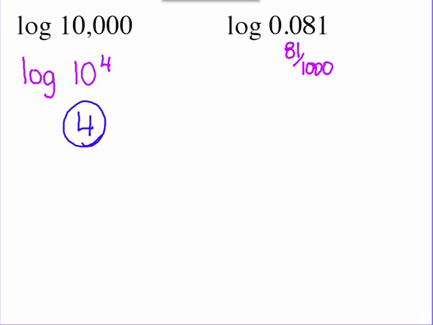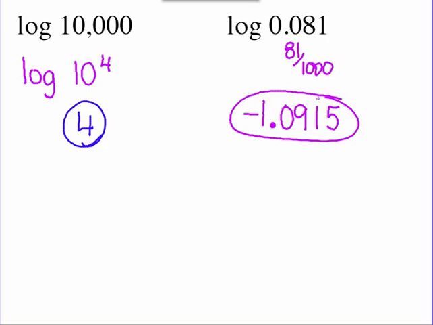What is it on your calculator when you type it in? Is it negative 1.09? Oh, it is negative 1.0915. Yeah. Okay? The only way that you can do that as of right now is to just use your calculator on that one. We will eventually talk about how you can add and subtract logarithms and get a more precise answer than that.